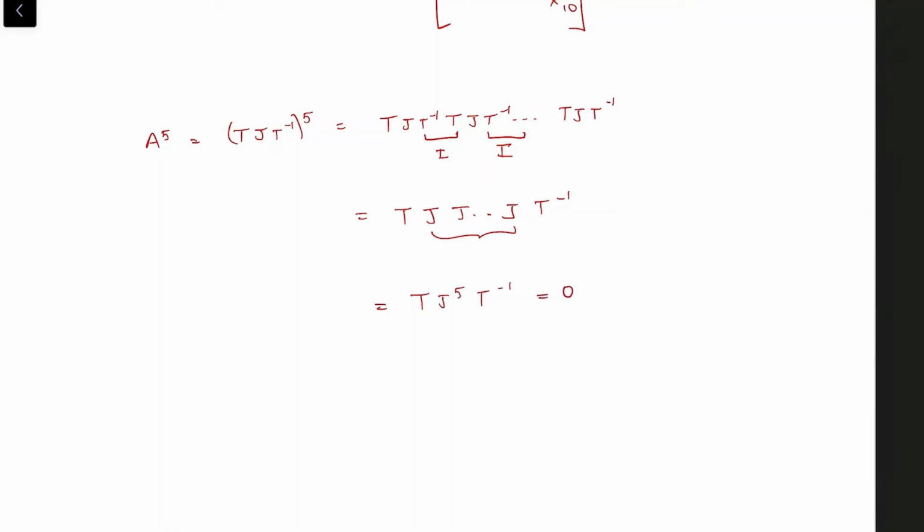But this is equal to 0. Since these both are invertible, I can pre and post multiply by their inverses, and we get J power 5. Now these both are the identity matrix and I can ignore them. So we get J power 5 is equal to 0.